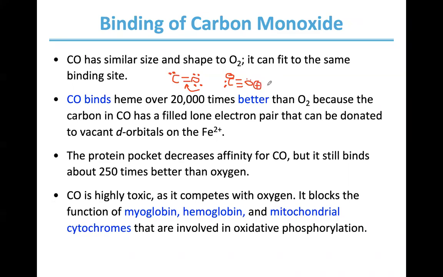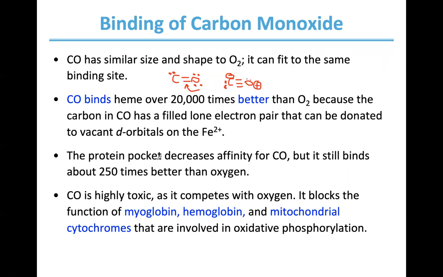Carbon monoxide is a very, very strong ligand. It binds heme over 20,000 times better than oxygen, because carbon in carbon monoxide has a filled lone electron pair, and it can be donated to d orbitals on iron. It's this lone pair that I'm just drawing for you here. It can be donated to the d orbital on the iron.